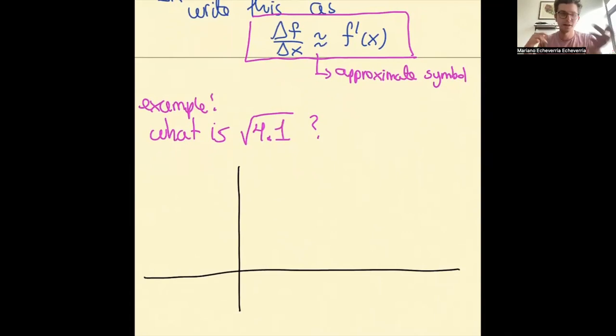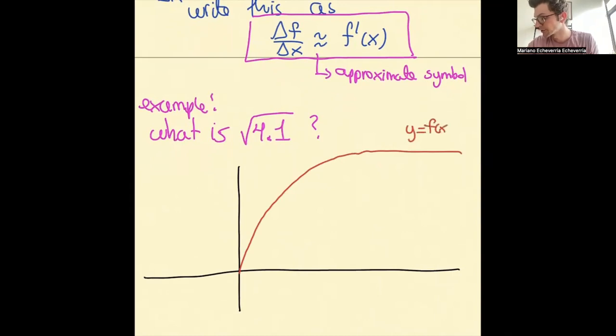So let's think about it more visually. I knew what you meant to say. So visually, this is the graph for the square root of x. You don't need to know the graph too accurately, but I'm just drawing it here for our purposes.